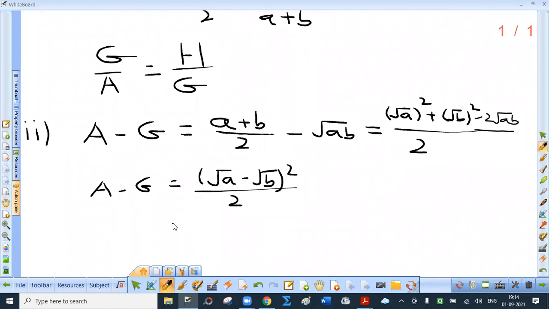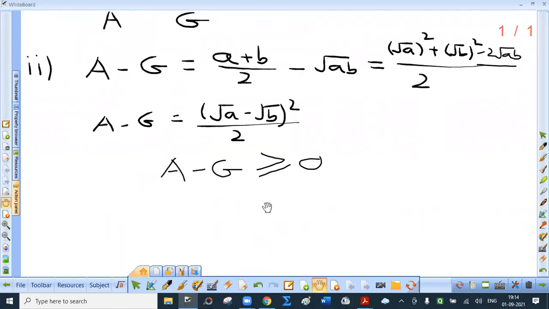So can I say that A minus G is greater than or equal to 0? Usually it is greater than, but if the two numbers are equal, the difference will be 0. Otherwise, A minus G is positive. So that gives me A greater than or equal to G.